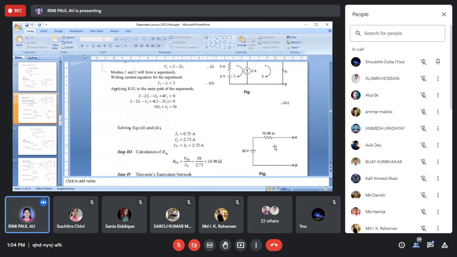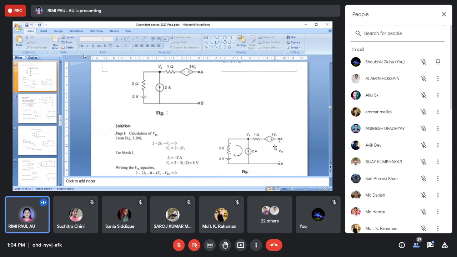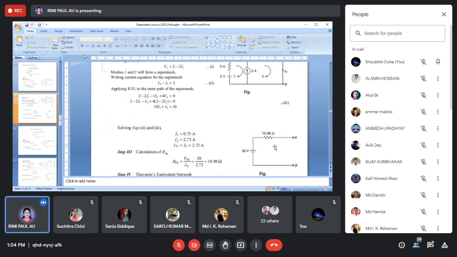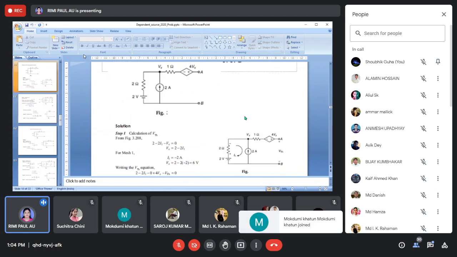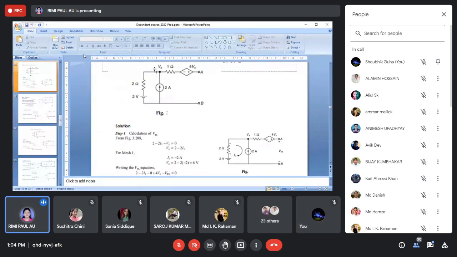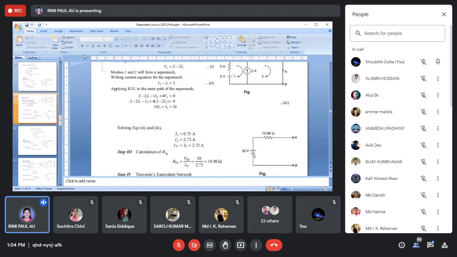Suppose you want to make a hardware circuit, you can take the Thevenin's equivalent circuit instead of this circuit in hardware to make your new design.